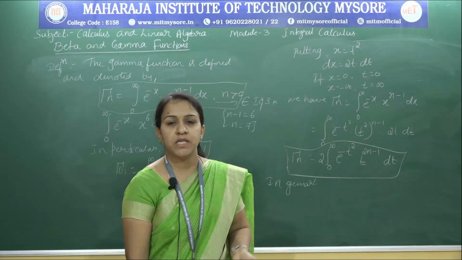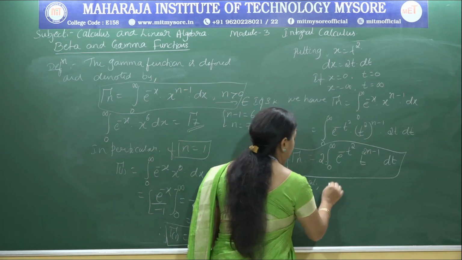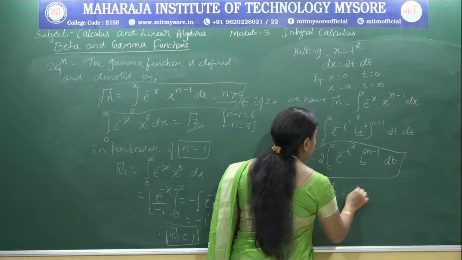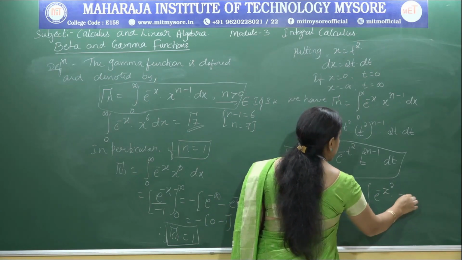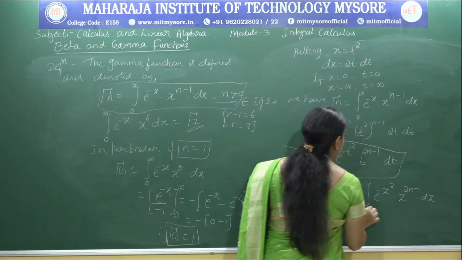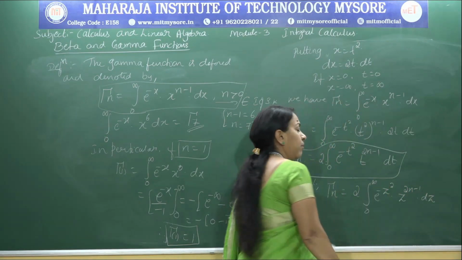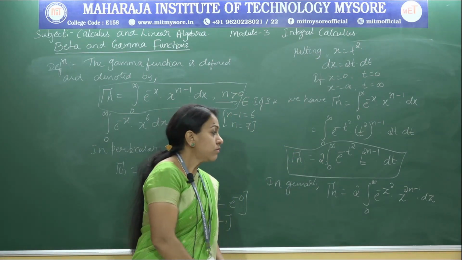That t square can be replaced by any other variable. In general we have gamma n is equal to 2 times integral e power minus z square into z to the power of 2n minus 1 dz between the limit 0 to infinity, or I can write it as x itself, right.